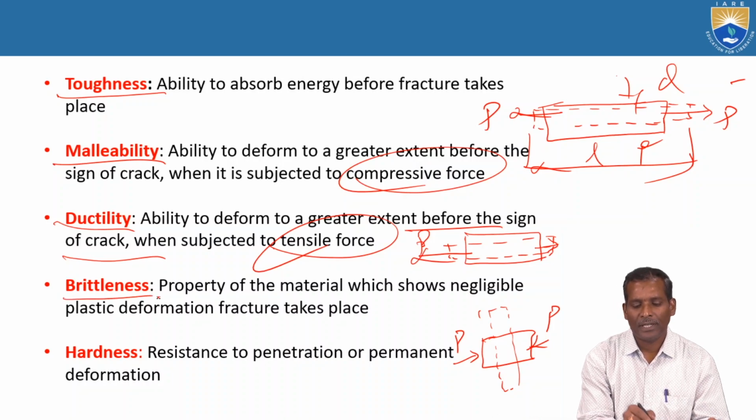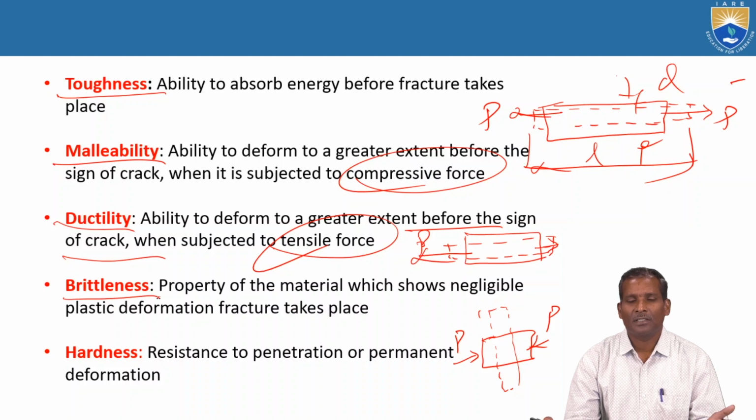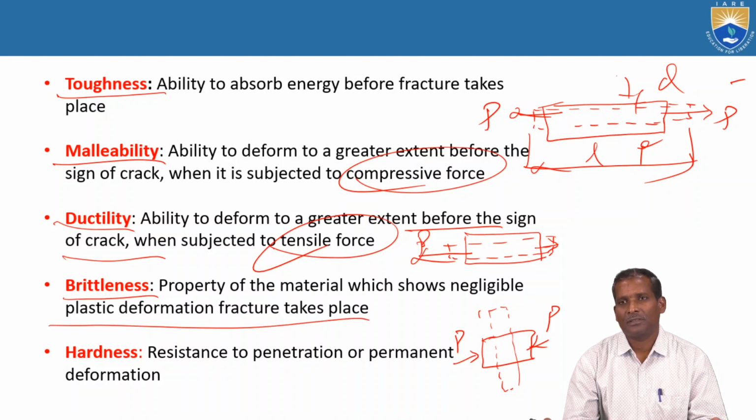Next one is brittleness. It is a property of material that shows negligible plastic deformation before fracture takes place. Without giving any plastic deformation, the component material will fail. It means without giving any sign of crack, it suddenly fails. This type of property is called brittleness.